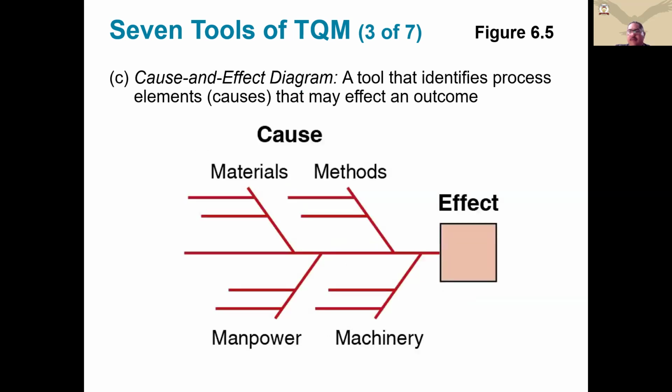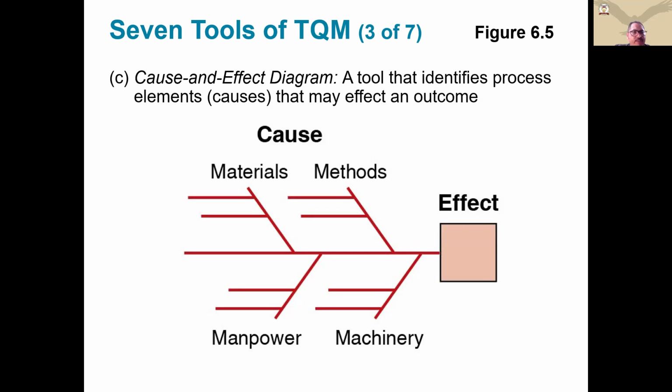The third one is the cause and effect diagram, also called the fishbone diagram or Ishikawa diagram. It allows us to take a particular problem at hand that you want to investigate, and you dissect that problem into various possible reasons as to why that problem exists in the first place.